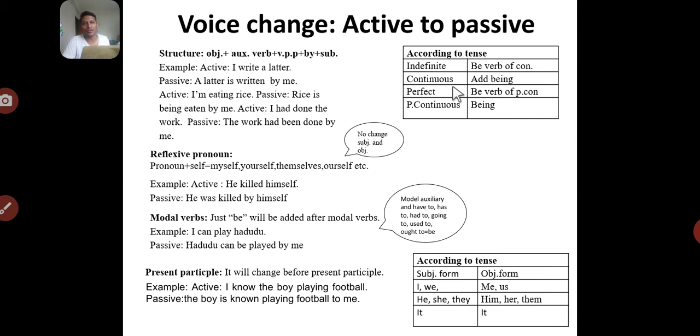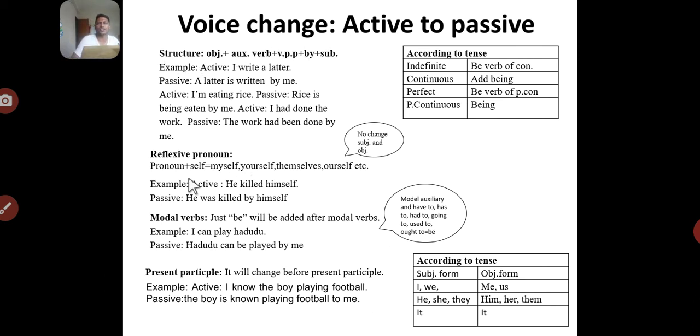According to the structure we use being. And the sentence I have done the sum becomes the sum has been done by me. So here also follow the structure. So come to the next point: we must memorize and remember the structure.